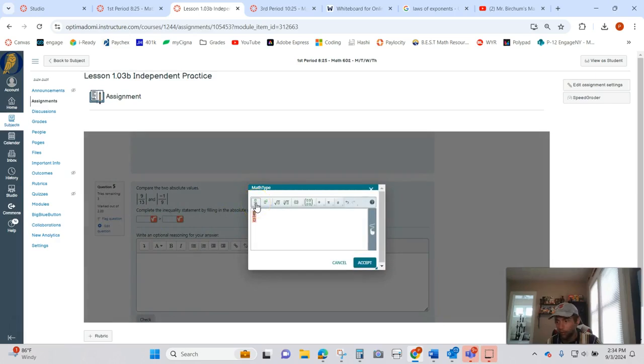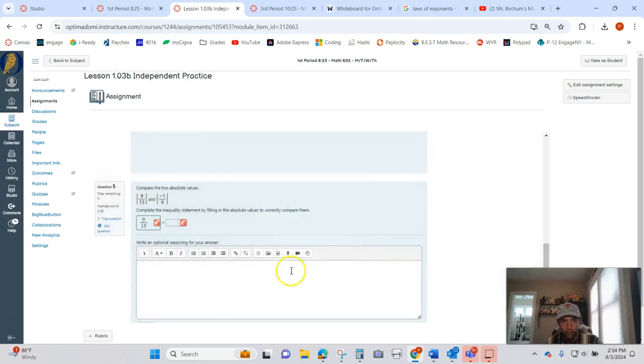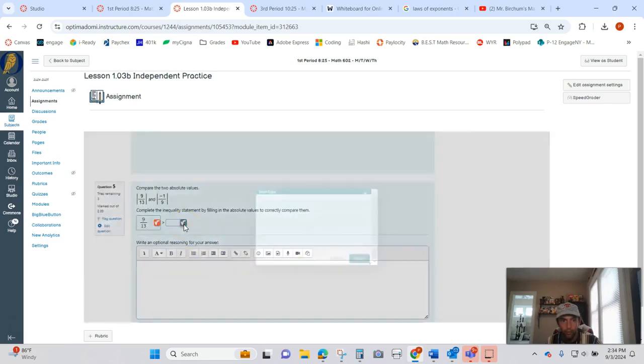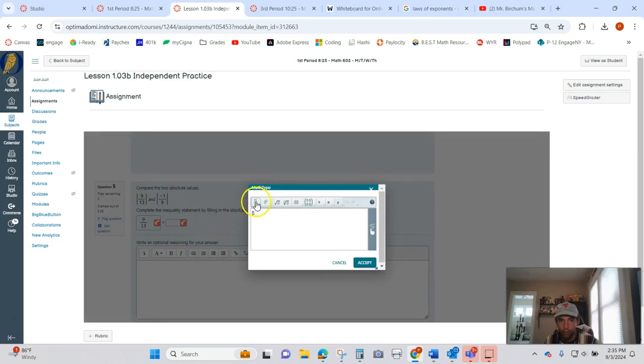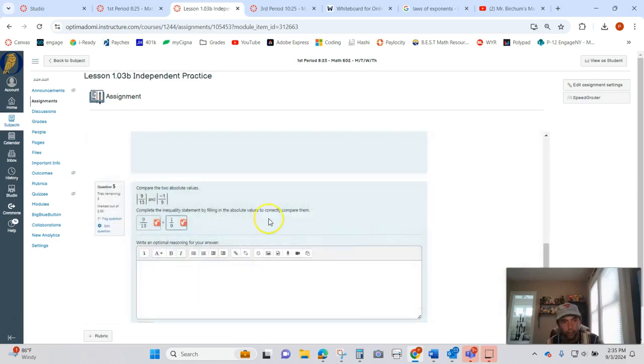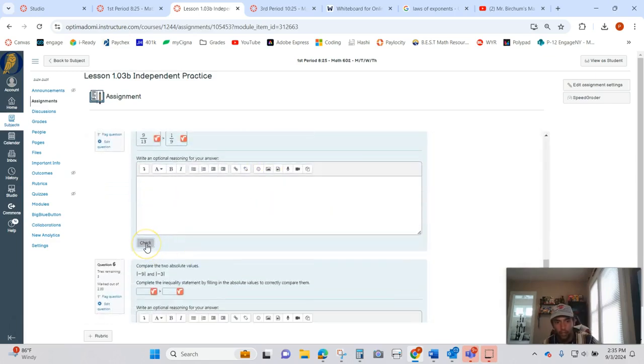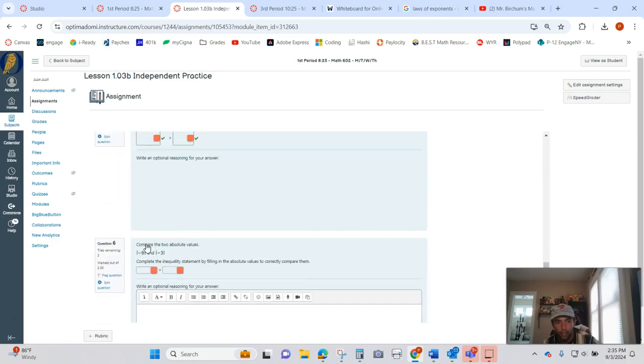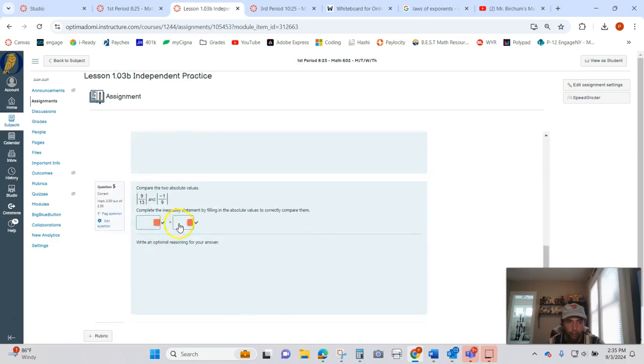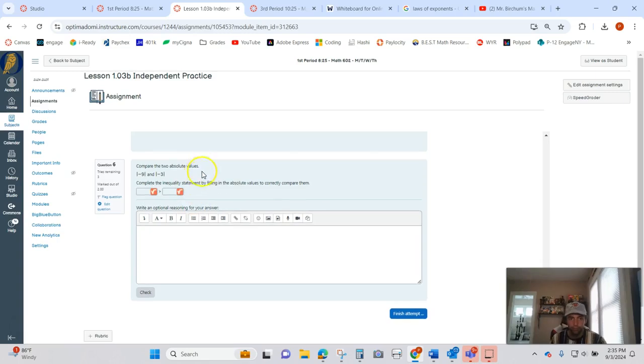I click on my fraction button, and I type 9/13, accept. Click on my red check mark button. I click on fraction. I type 1, down arrow 9, accept, and now check. Sweet, got it correct.